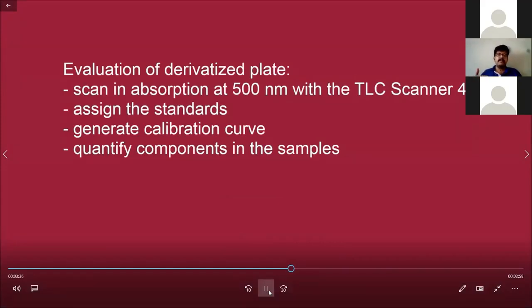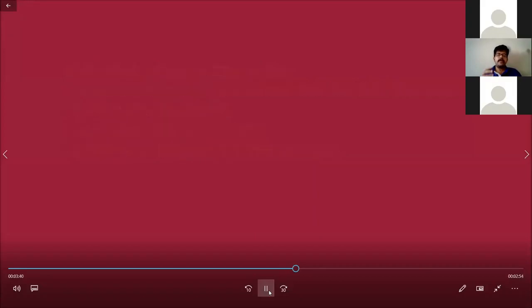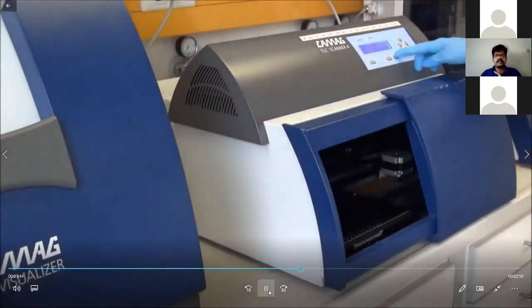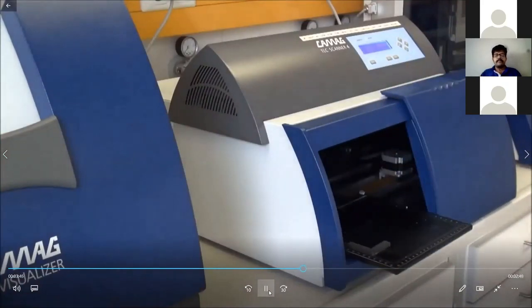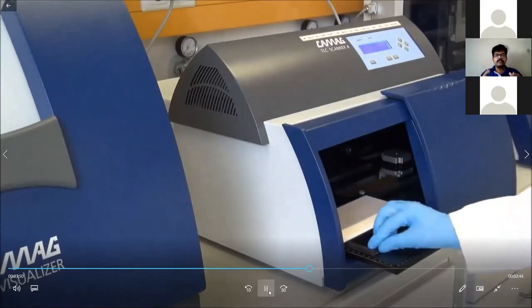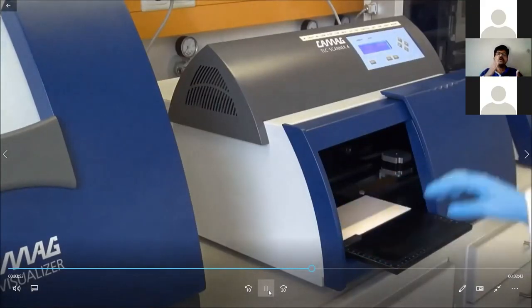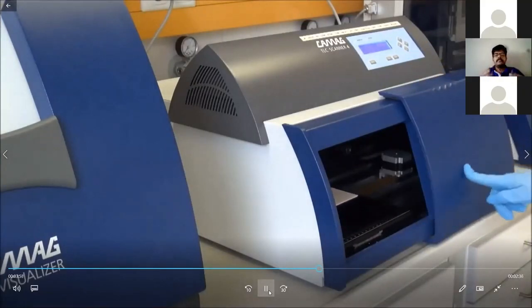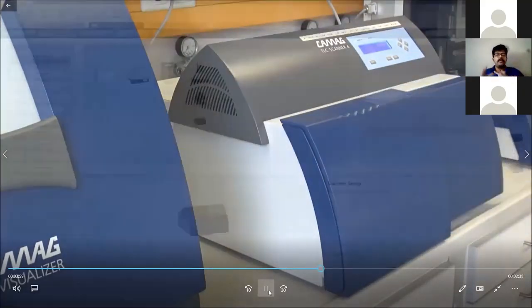In the scanning of the plate, with the help of a technology, you convert this visual information into peaks, that is the chromatogram peak. The chromatogram peak is a direct response of the molecule placed onto the plate. So you have different fractions separated, and each fraction will have a selective peak generated by this instrument known as the scanner 4.